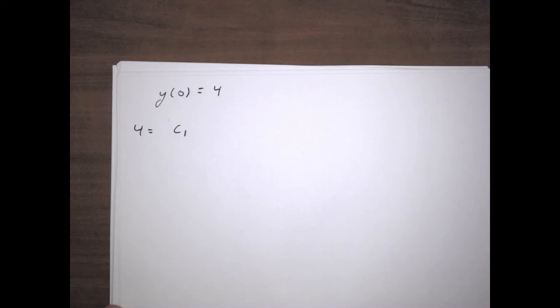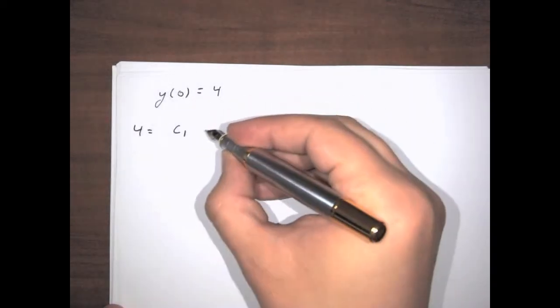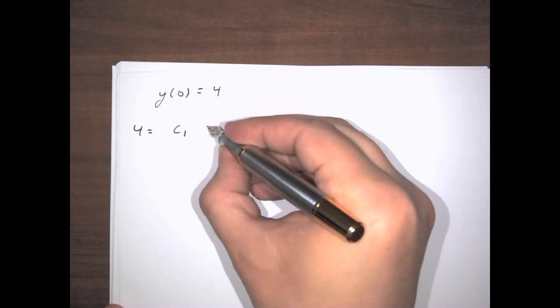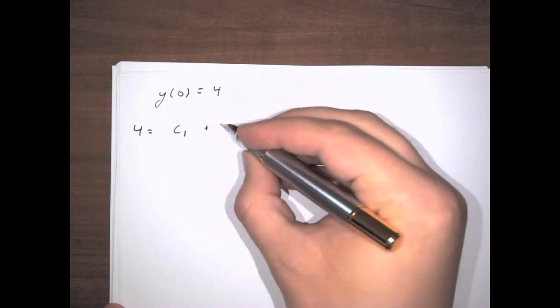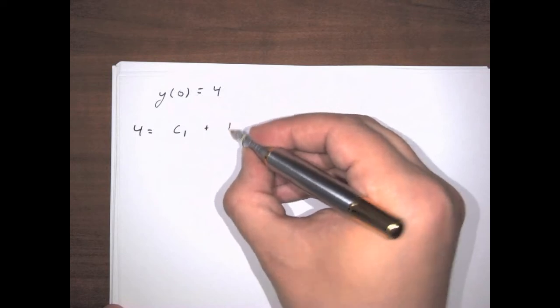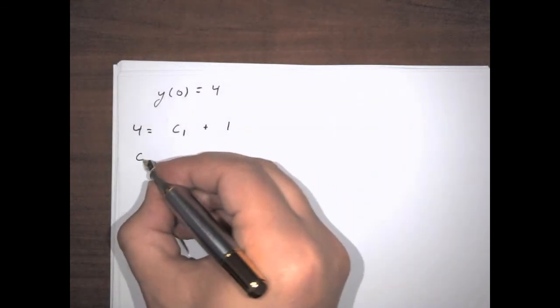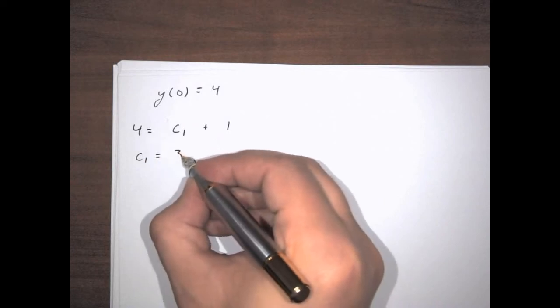Sine will equal 0 when you plug in 0. So it's going to be C1 plus, and by my reckoning here, we're just going to end up with a 1 as the only surviving term. So that gives us C1 is equal to 3.